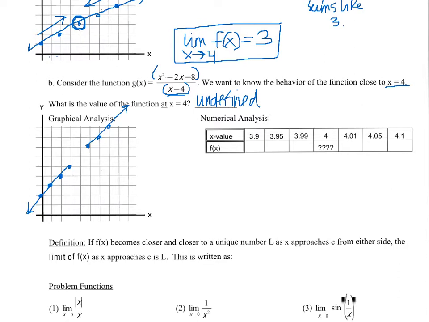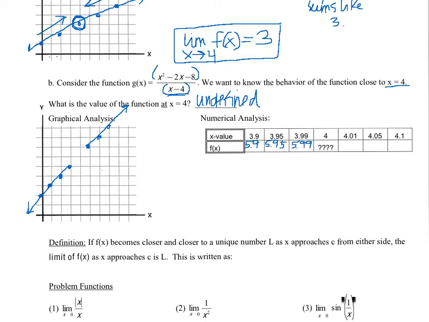To finish my graph, I'm going to look at my table. When I plug this in and hit value, if I plug in a 3.9, I get 5.9 out. If I get 3.95, I get 5.95, and 5.99.